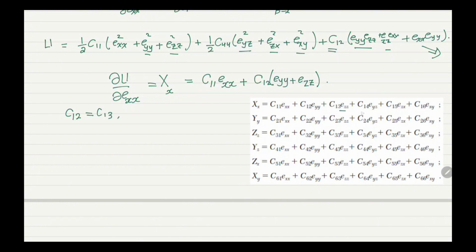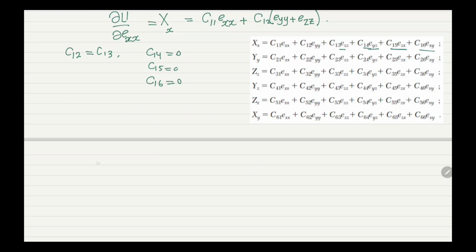Now C14: there is no YZ in this equation, so C14 equals 0, and C15 again, no ZX, so C15 again equals 0, and C16, no XY, so again it equals 0.